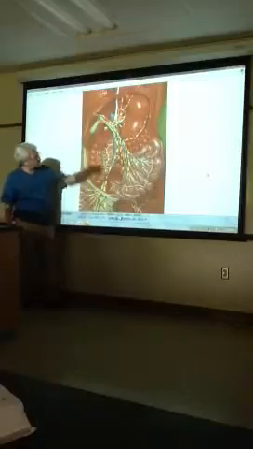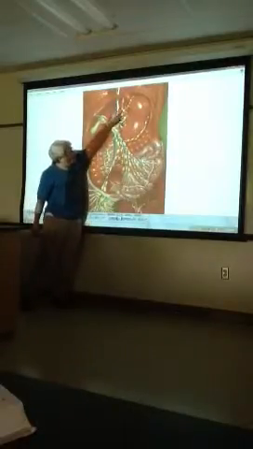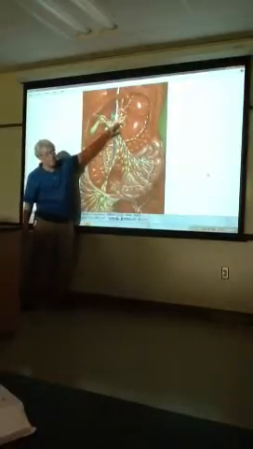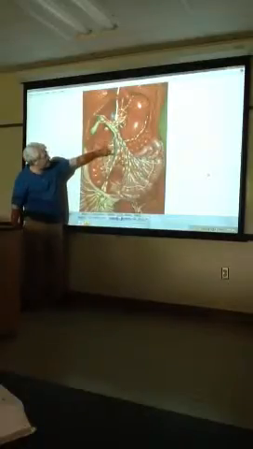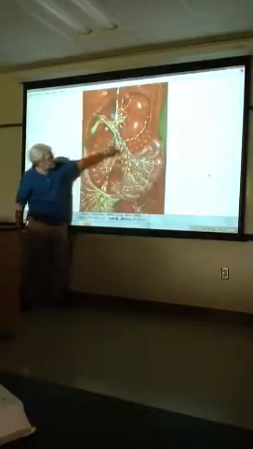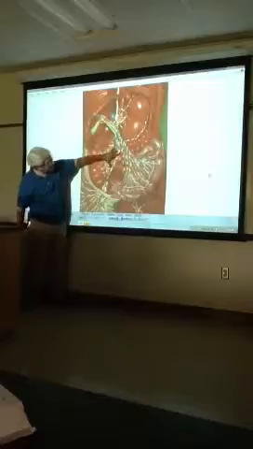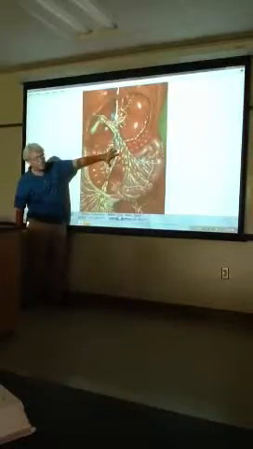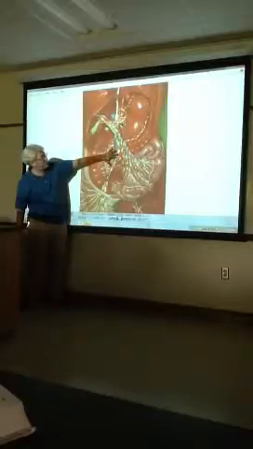And of course, we have our abdominal aorta coming down and then splitting. When it splits right here, this first couple of inches is my common iliac. So these lymph nodes would be my common iliac lymph nodes.